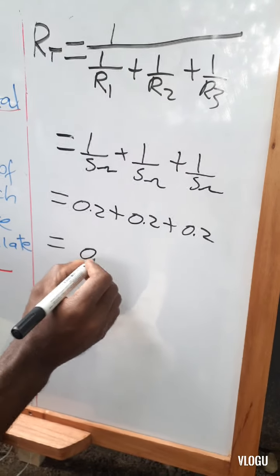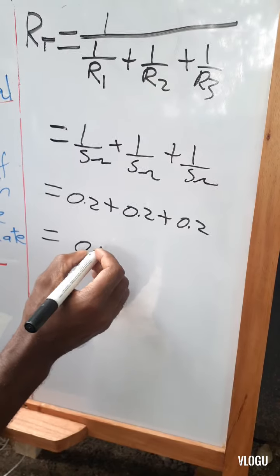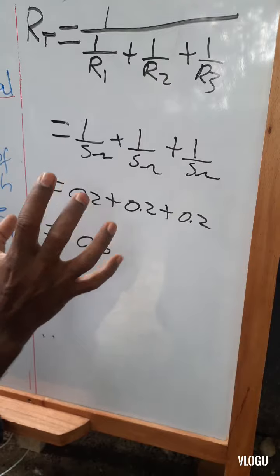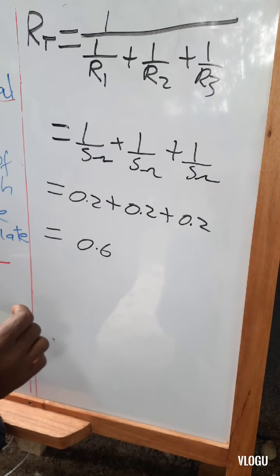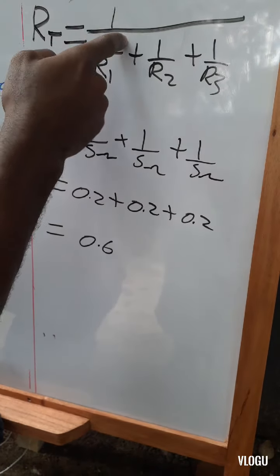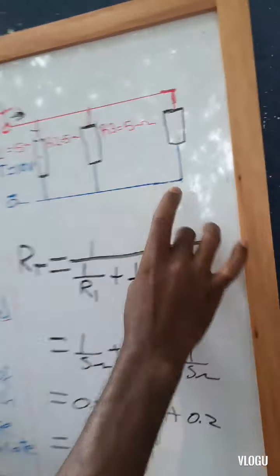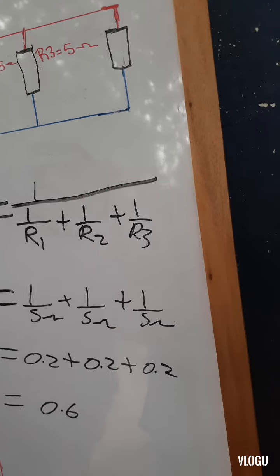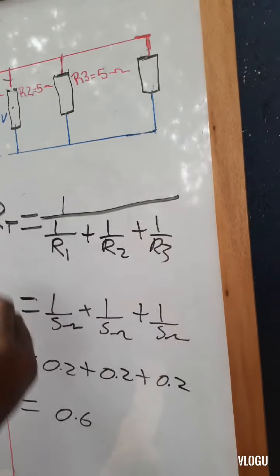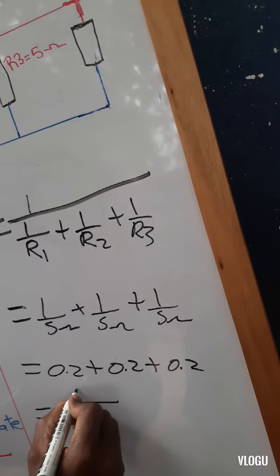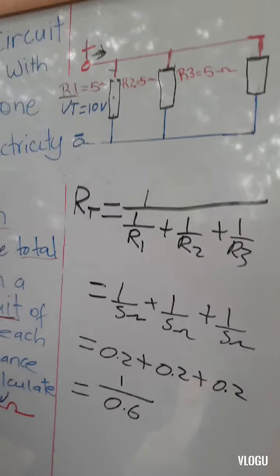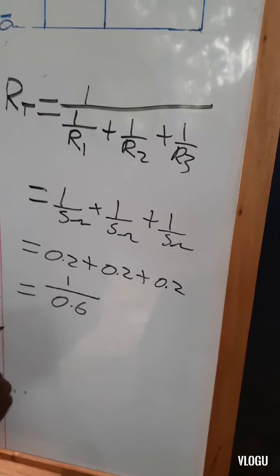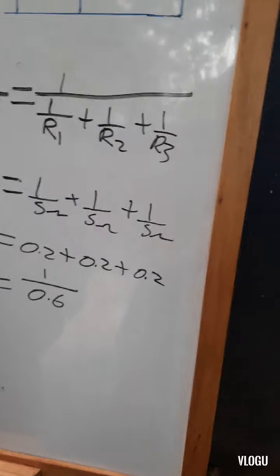Forget about the ohms for now, we just want to make this simpler. So 0.6. Now we bring back the fraction we removed from the calculation earlier. So it is equal to 1 over 0.6. When we calculate this value, it should give us the total resistance in the circuit.